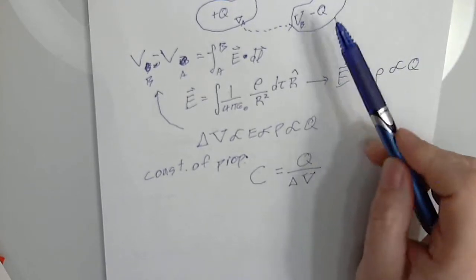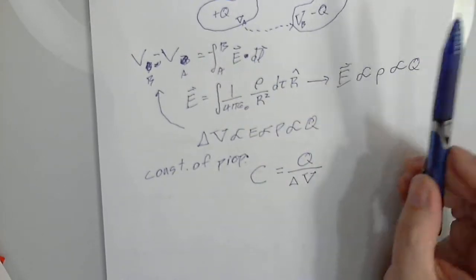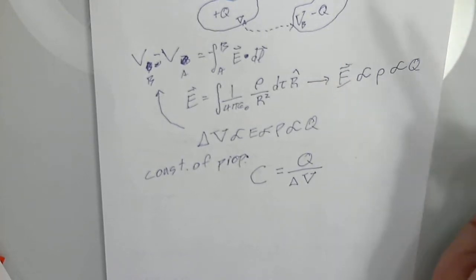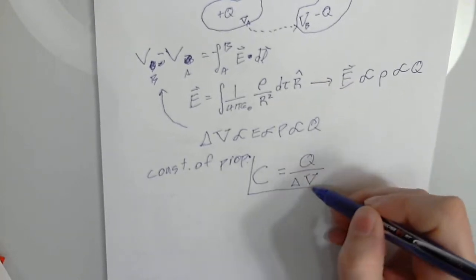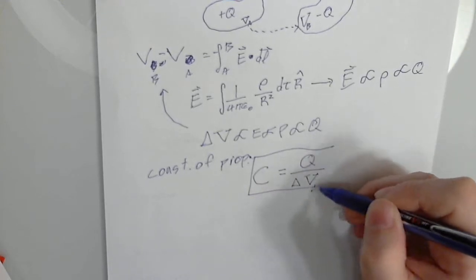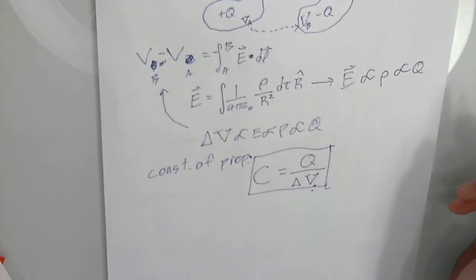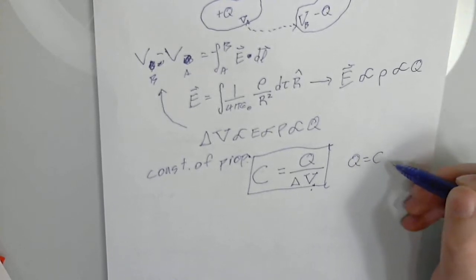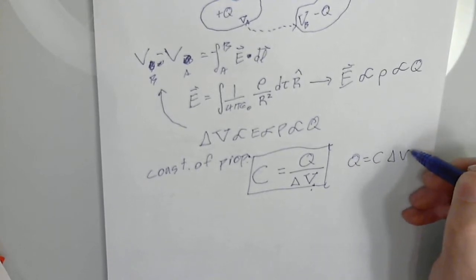It's going to depend on the shape of both of these metal objects, how far apart they are, what their orientations are, and so on. So this is the definition of capacitance. Or you often will write Q is equal to capacitance times delta V.